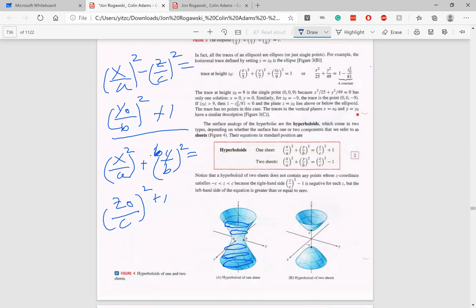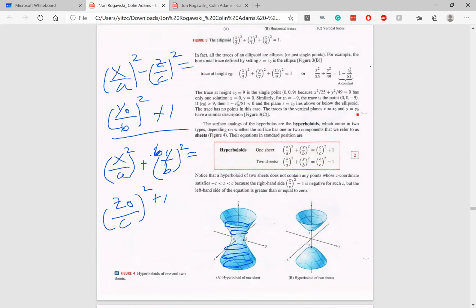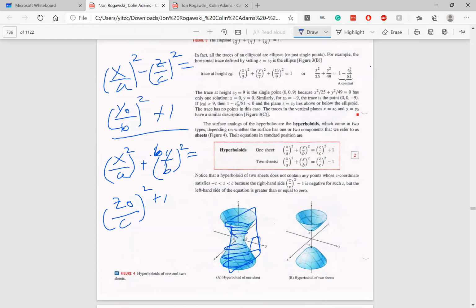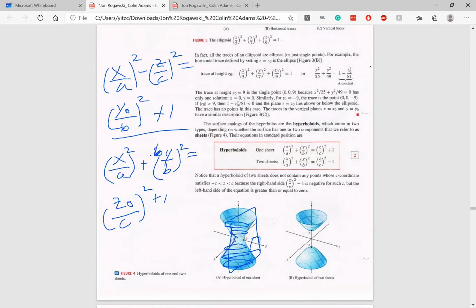And this is a hyperboloid because this is minus. So now when we have the y coordinate set to 0, in different y planes, you're going to have different planes cutting this thing. And as you do, you're going to get different hyperboloids. So in this case, you're going to get something like that.